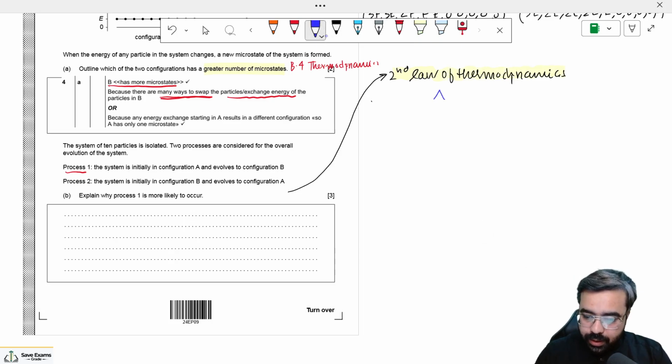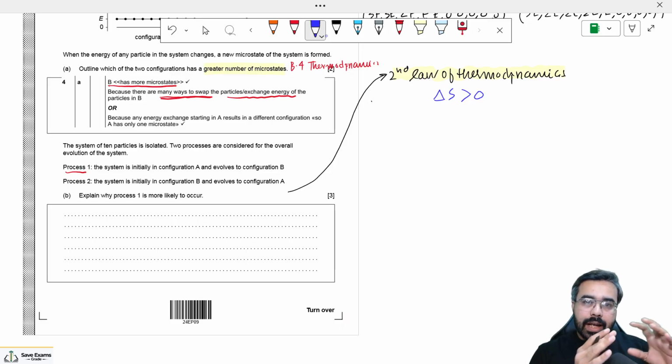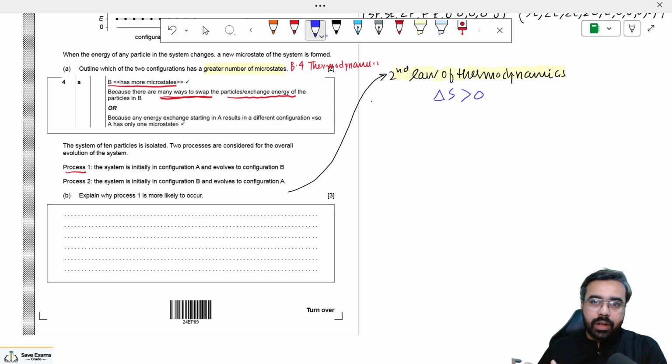So I can say the net change in entropy is always greater than zero. For a reversible process, it is zero, but for this process, it will be more than zero. It means that any natural process always proceeds from less entropy to more entropy, from more organized to less organized. You understand?